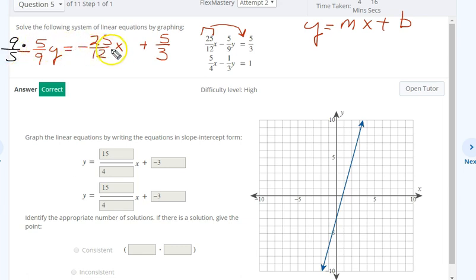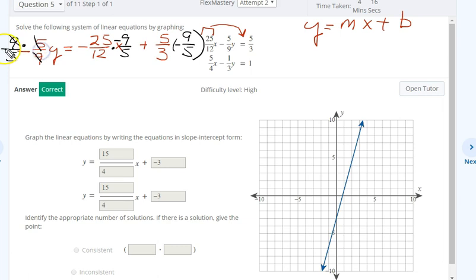So I have to multiply this term by, and I didn't leave enough room here, a -9/5, and this term by a -9/5. The key is whatever you multiply one term by, you must multiply all terms by to keep it in an equation. So we know then this is all going to cancel out.